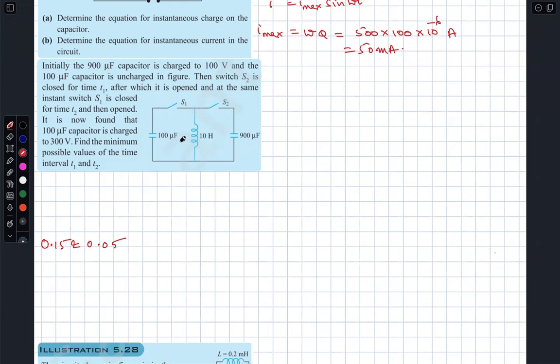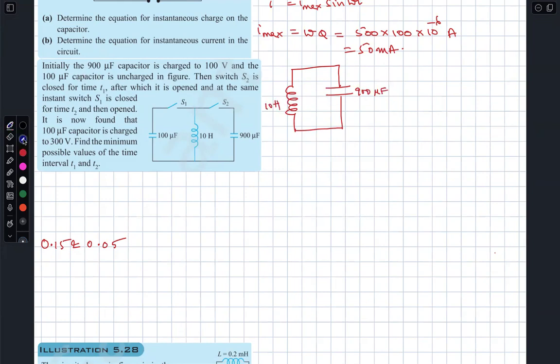Remember, initially this right-hand part is an LC oscillatory circuit. Take only this part for a while: an inductor, a 900 microfarad capacitor and a 10 Henry inductor.